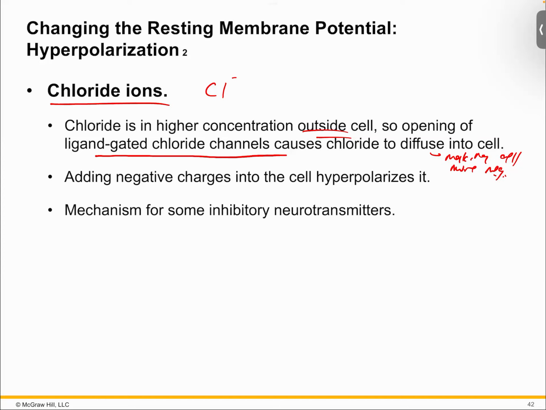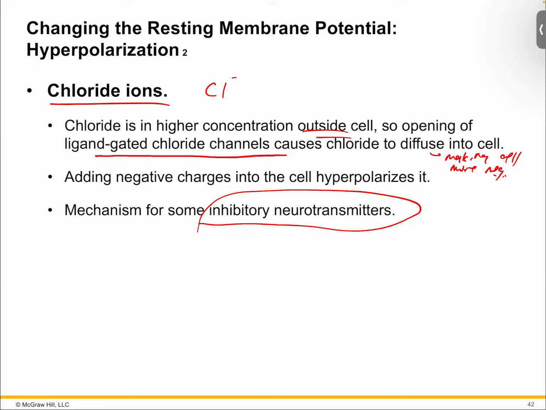You're making it look more extreme: more positive on the outside, more negative on the inside. This, by the way, is a strategy that we see for some inhibitory neurotransmitters. That's the way they'll do it. So hyperpolarization is kind of like the opposite of depolarization. It creates a level of insensitivity in terms of action potential response.